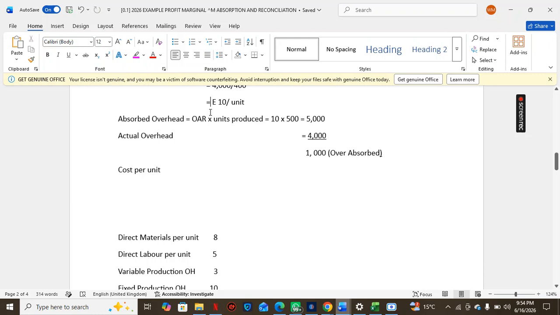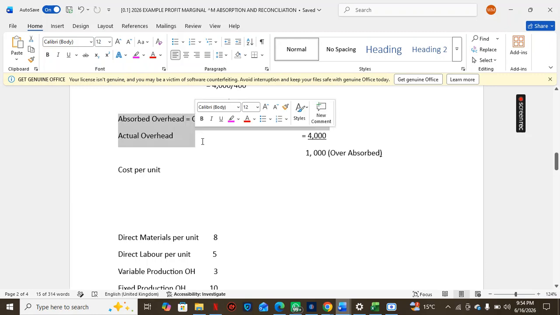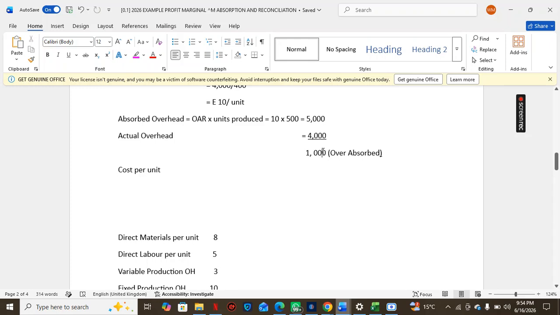So when comparing these two, always put the absorbed overhead on top and the actual overhead down, so that when you subtract and get a positive value, you just know that you've over absorbed. Sometimes the order doesn't matter, but for simplicity's sake, I like to put the absorbed on top and the actual below.